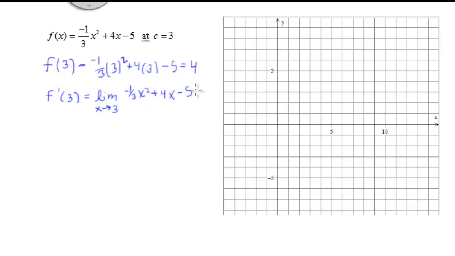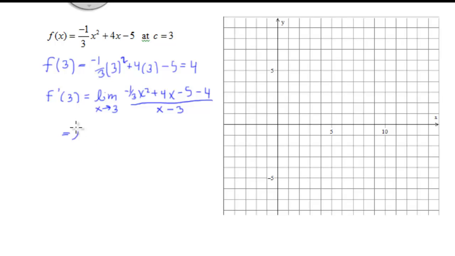That's f of x, and then we need to subtract f of c, and f of c is f of 3, which is 4.